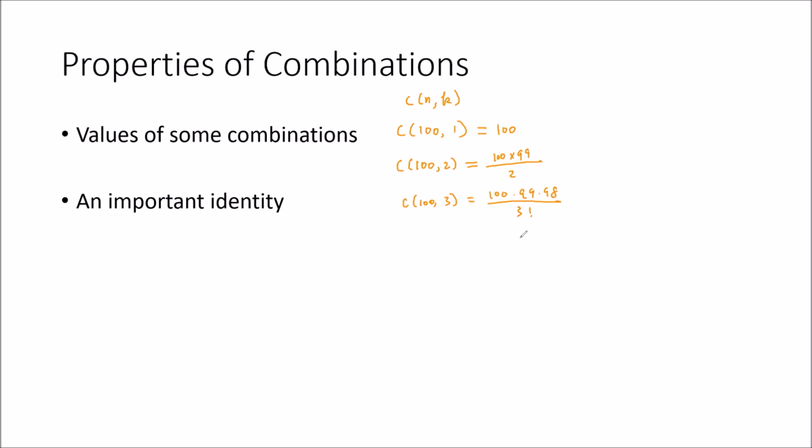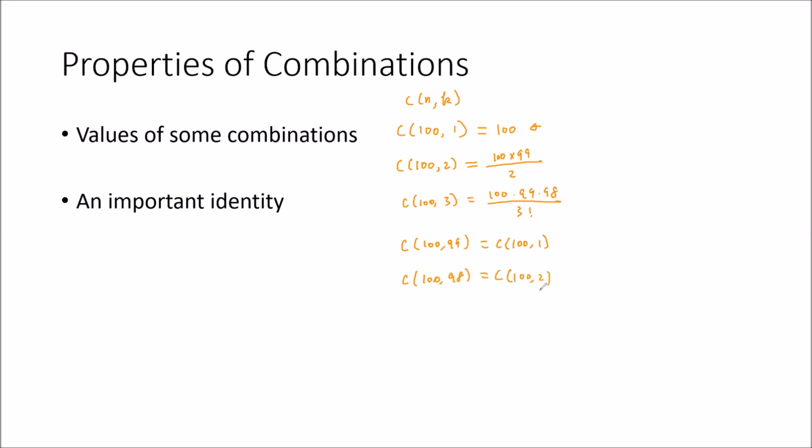Also, when k gets close to n, for example C(100, 99), we use the identity. That's C(100, 1), and then you go back to the previous case. Similarly, C(100, 98) is C(100, 2), and so forth.